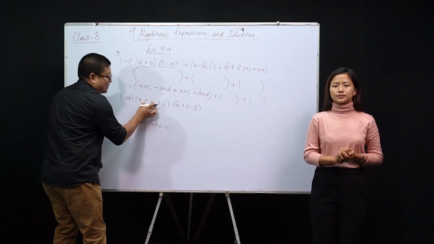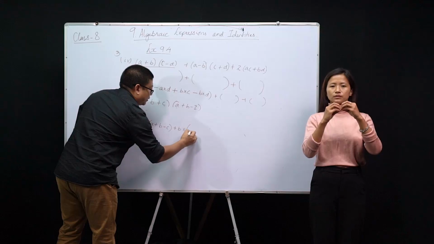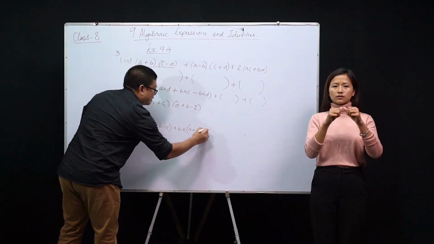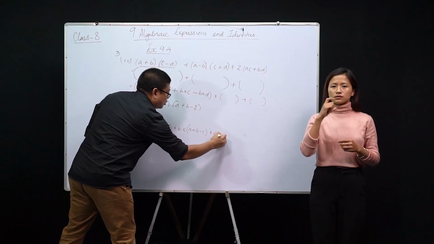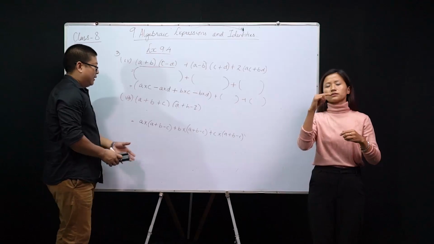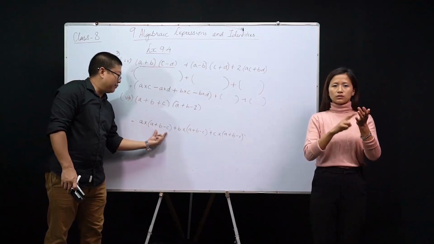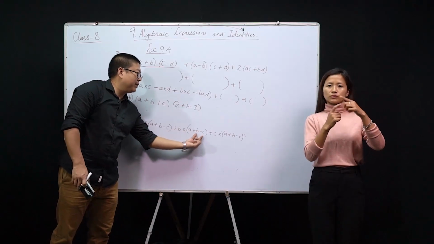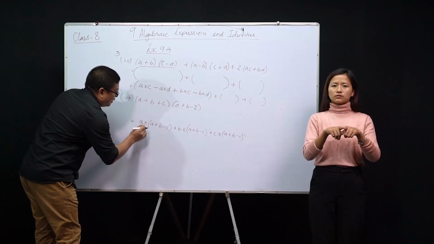Then the next term plus B into, again, the second trinomial, (A plus B minus C). Take the third term plus C into (A plus B minus C). Alright? Now you can see that a monomial is being multiplied with a trinomial. The same thing now.